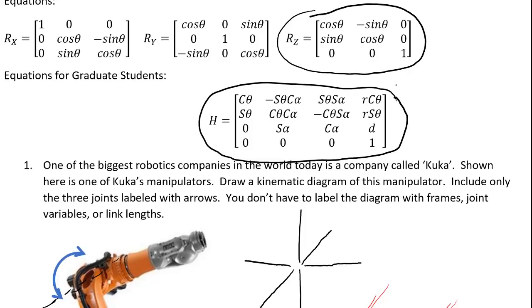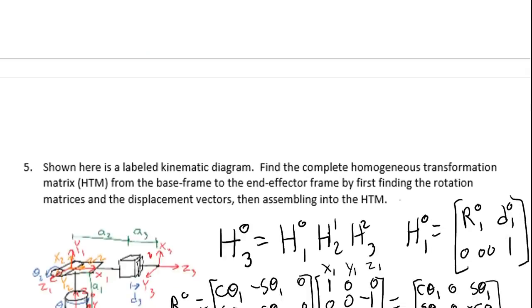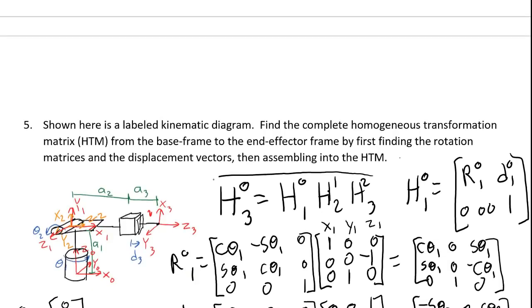So this would give you 3 different H matrices: H01 from the first row, H12 from the second row, and H23 from the third row. And you could then get H03 in the same way we did in the last problem by multiplying those 3 matrices together like this. But I didn't ask you to do that in this problem.